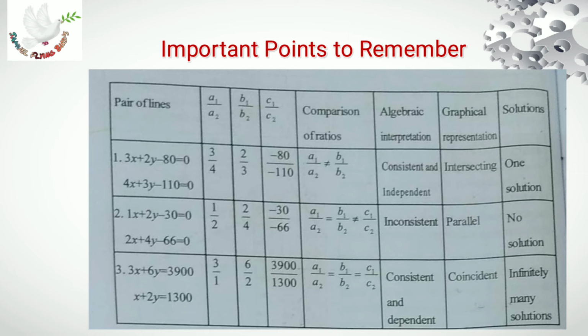Comparing the ratios, a1 by a2 is equal to b1 by b2, and b1 by b2 is not equal to c1 by c2. Here the pair is inconsistent, because a1 by a2 and b1 by b2 are equal, but c1 by c2 is not equal to them.